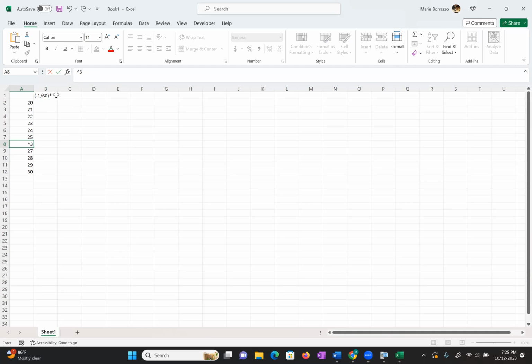So that's A8. This is equal to, and I'm just going to call this A8 to the third, as a function. Actually, I used A8, so let me go A8. This is a 26.